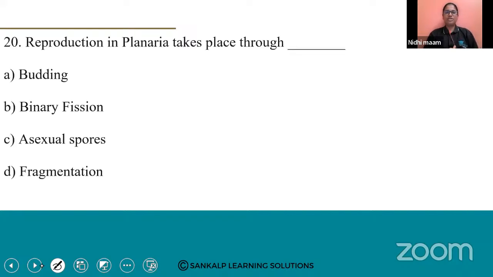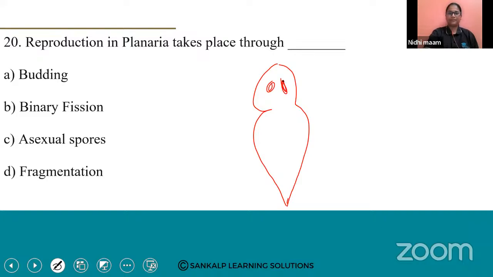Let us proceed to the next question. Reproduction in Planaria. You must remember the organism Planaria. What type of reproduction takes place in Planaria? Right, budding, binary fission, asexual spores, fragmentation.